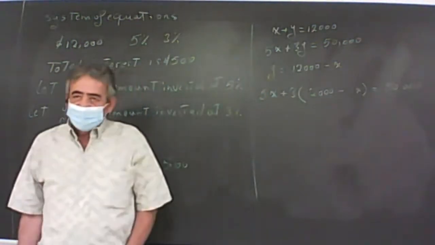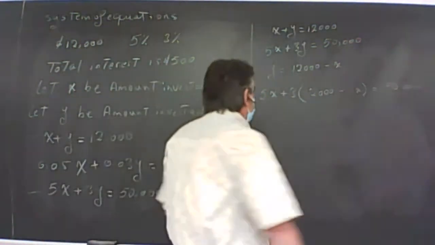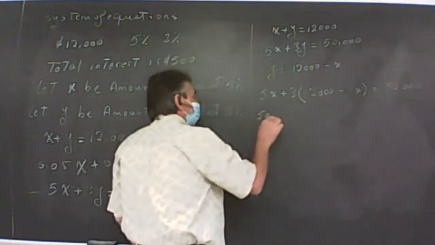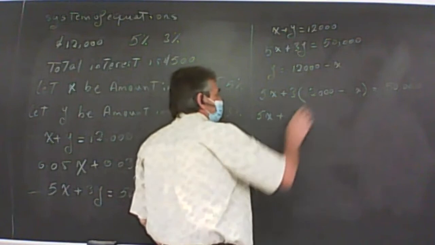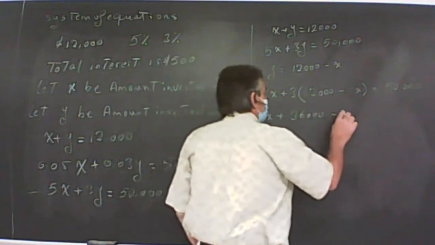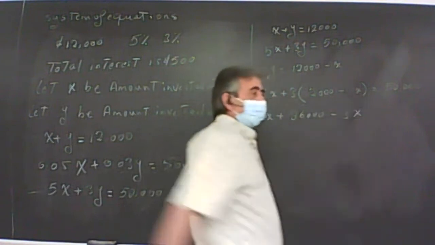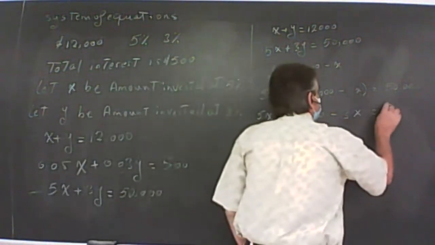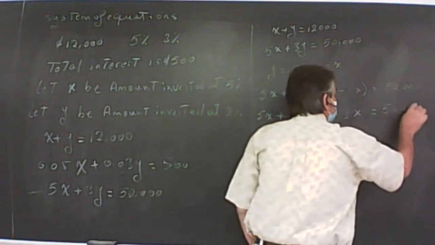Now, let's simplify this. That's going to be 5x plus 3 times 12,000 is 36,000 minus 3x, that's where the 3x comes in, equal 50,000.